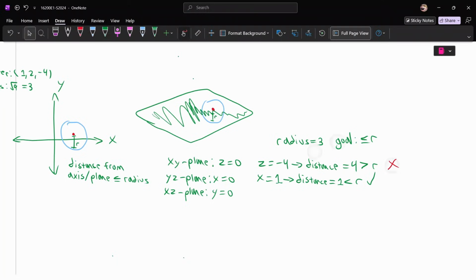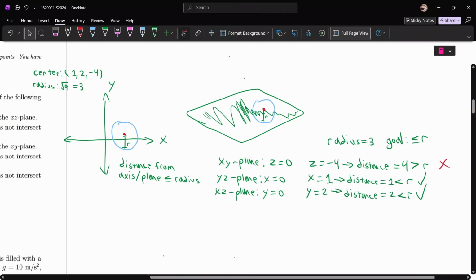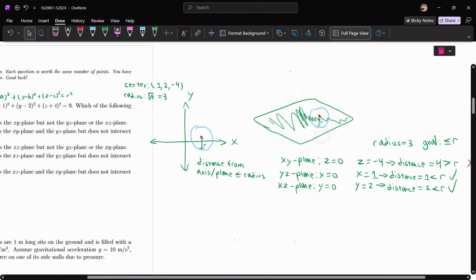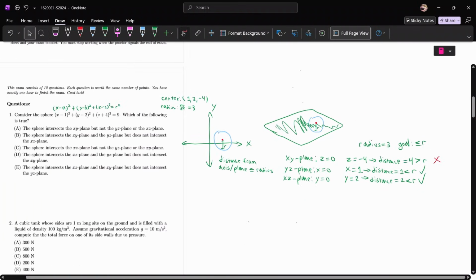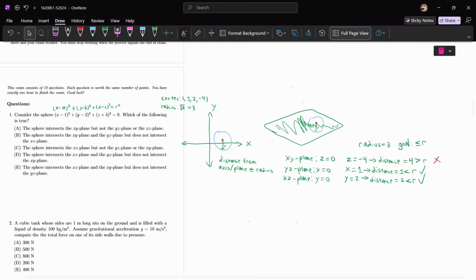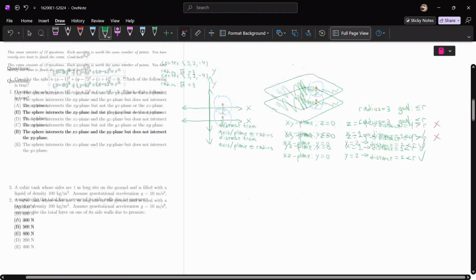In that case, y is equal to 2, which means the distance from the plane is equal to 2, which is also less than r. So from here we can conclude that the yz plane and the xz plane do intersect with our sphere, but the xy plane doesn't. So matching that up with our answer choices, the answer would be D.